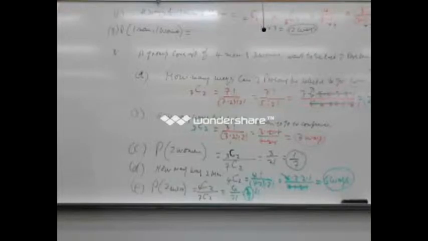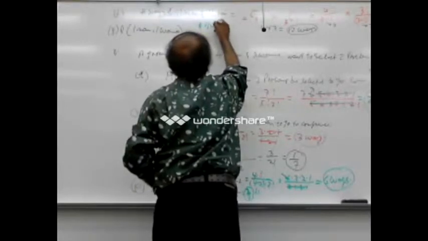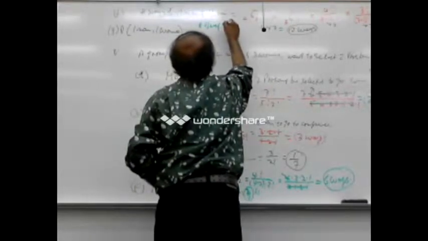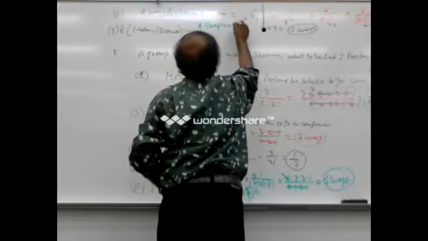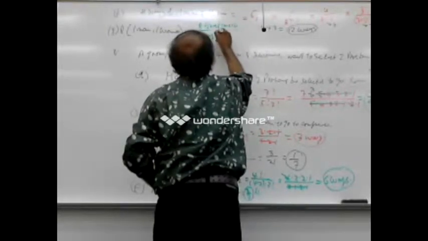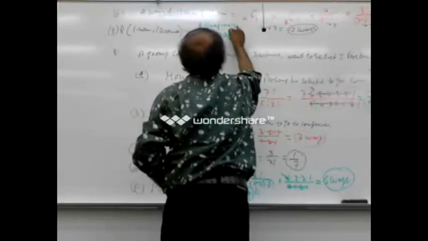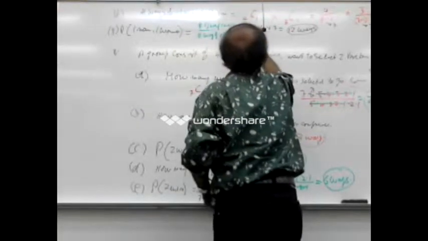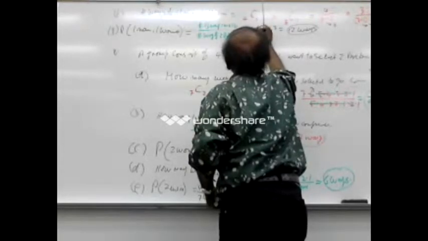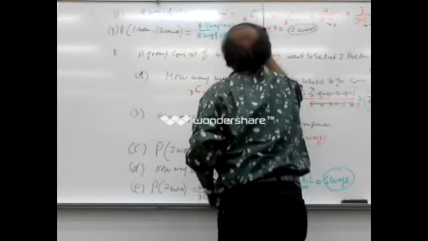All right, so then this would be equal to the number of ways of choosing 1 man and 1 woman divided by the number of ways of choosing 2 people, which would be equal to 12 ways divided by 21.